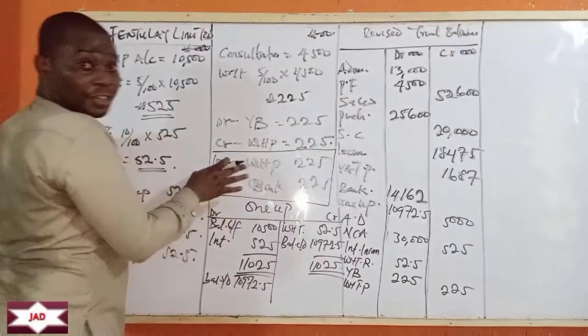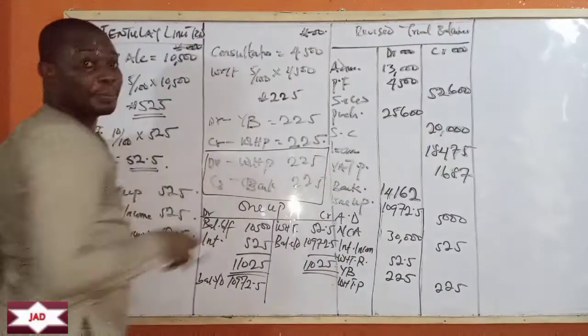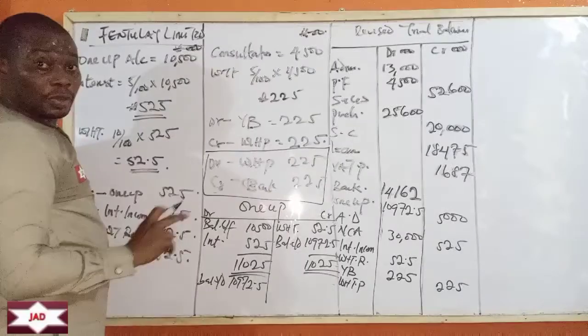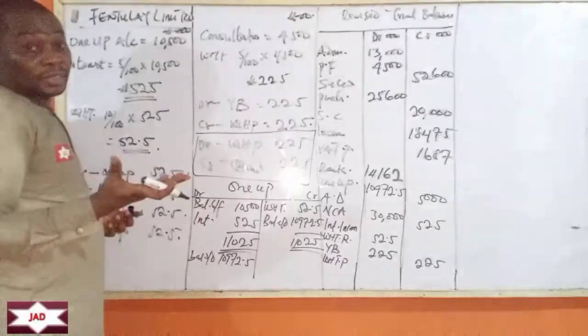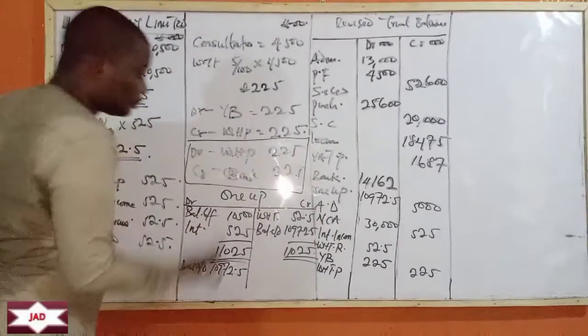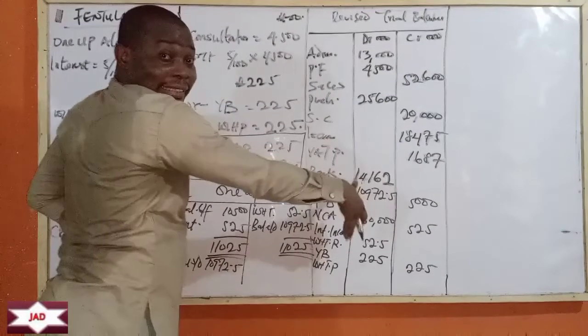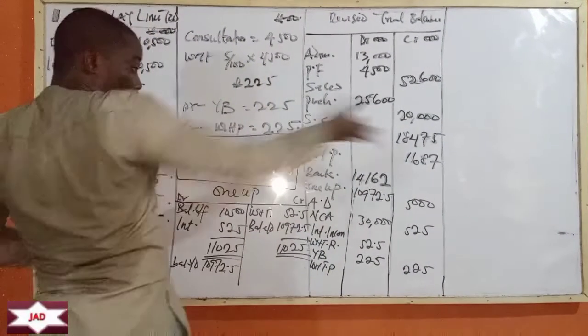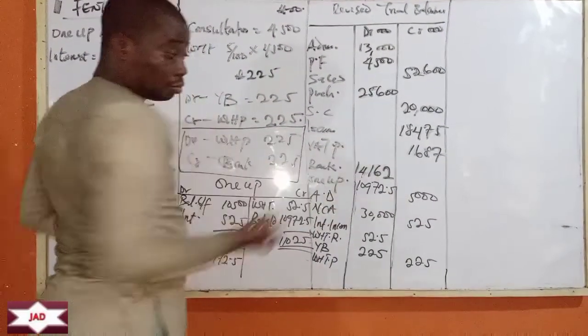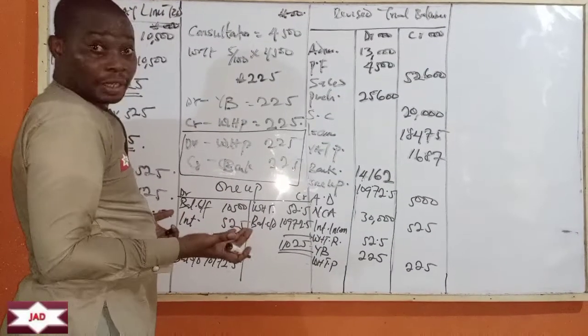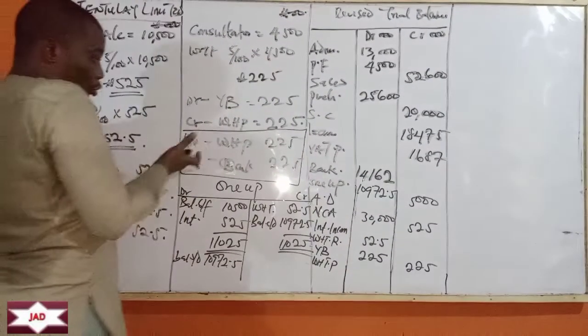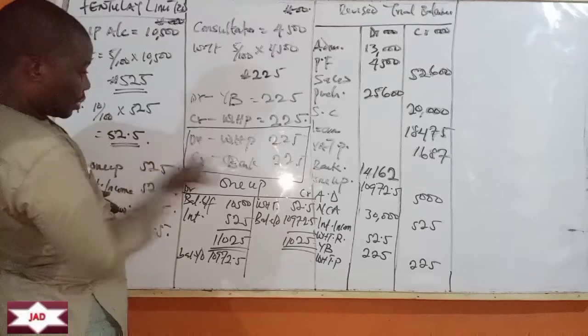Okay, but it's a journal that you have raised, but you're going to effect it when you make payment, which will be the following month. But if you want to make it look like you remitted it in the month of report, then you can, of course, adjust for your bank, and then you're going to have to credit your bank here.